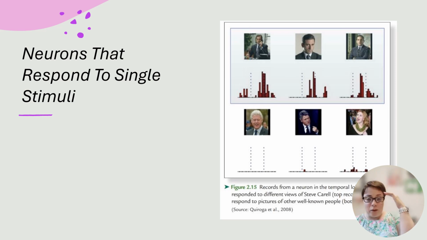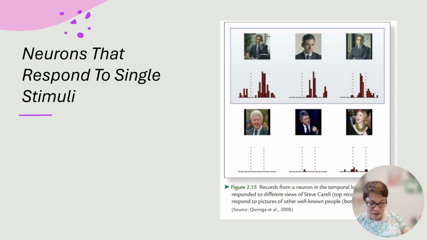So, for example, Kuroda and colleagues in 2005 conducted a study looking at EEG recordings from single cells. So they looked at patterns of neural firing from single neurons. And what they did in the study is they flashed pictures of individual people, and many of them were celebrities.